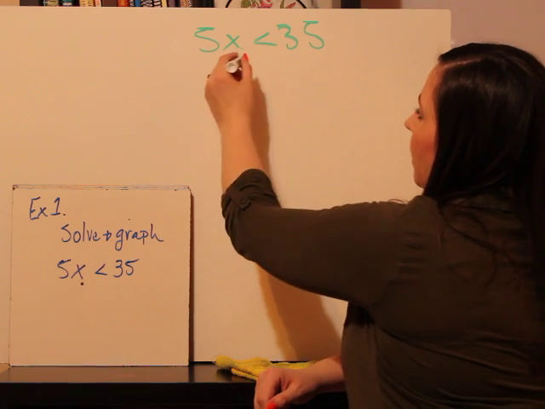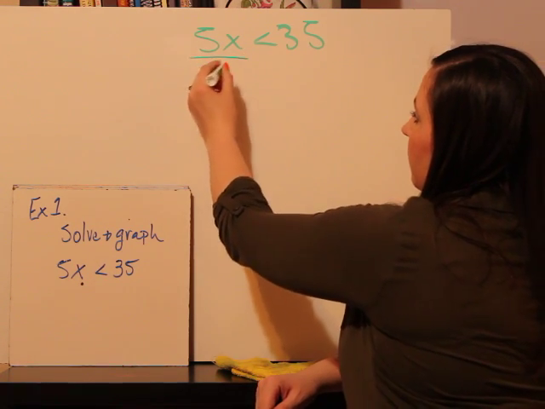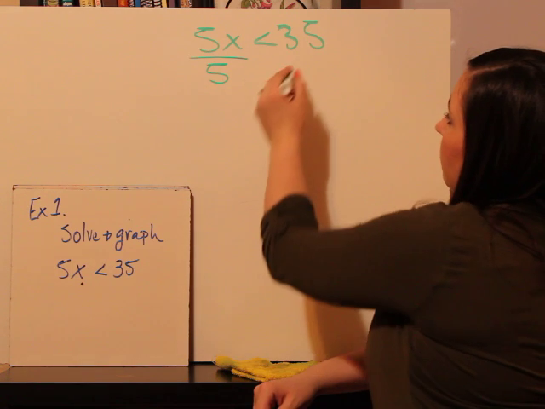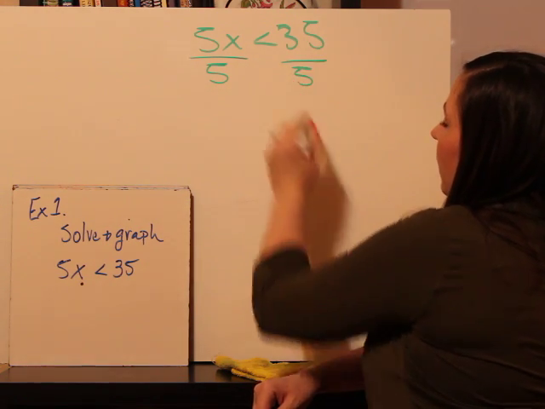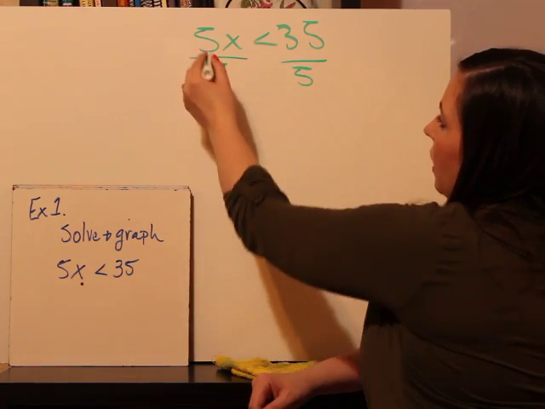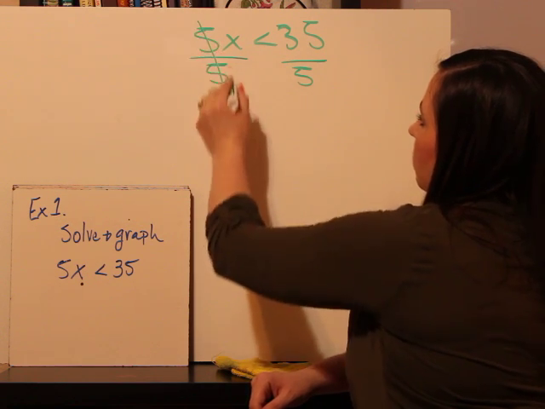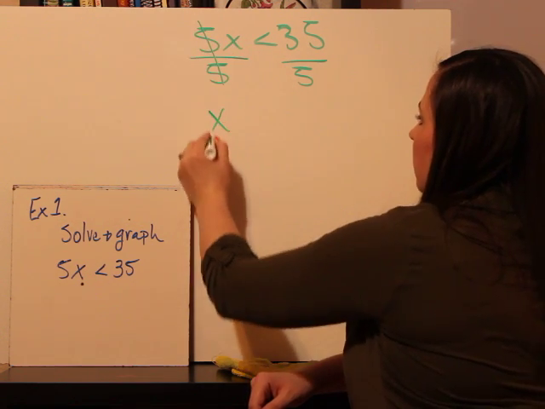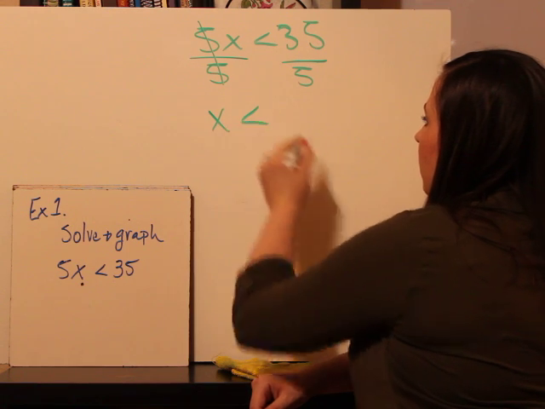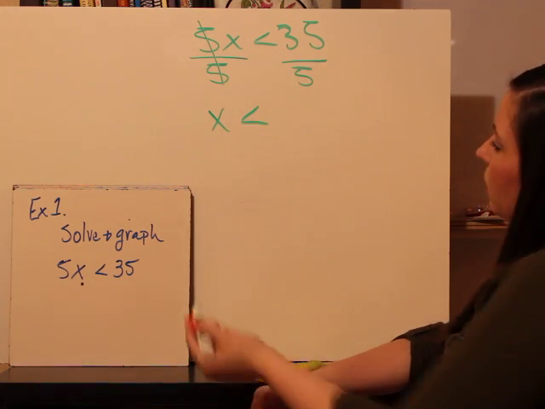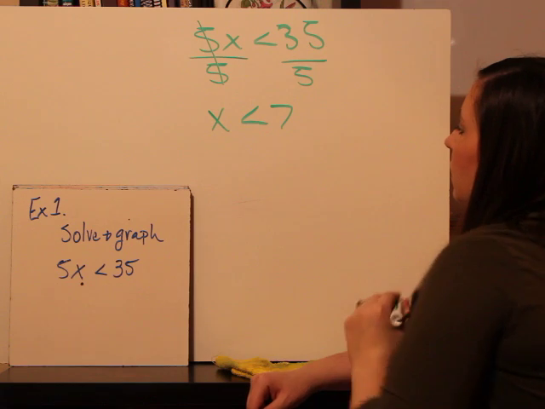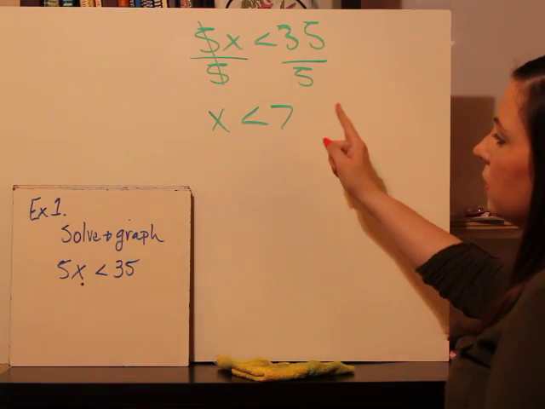So how do we do that? By dividing by 5. We divide the left side by 5, divide the right side by 5. Now here, 5 divided by 5, that cancels. All we have is the x. Bring down your inequality. 35 divided by 5 is 7. So we have x is less than 7.